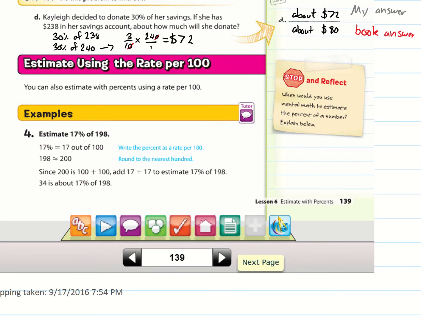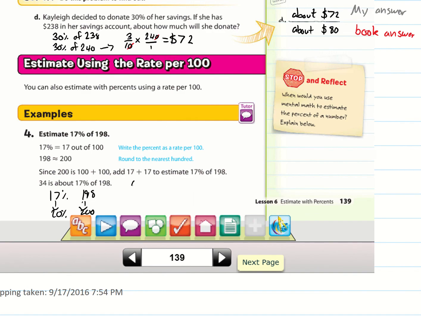So in example 4, this is 17% of 198. So with 17%, you can round that to 20%, and 198 can be rounded to 200.